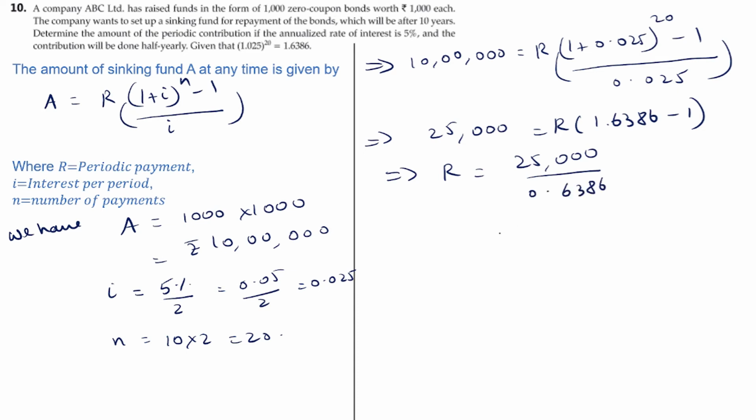When we simplify, we get it as rupees 39,148.14. So this is the amount of periodic contribution, rupees 39,148.14.